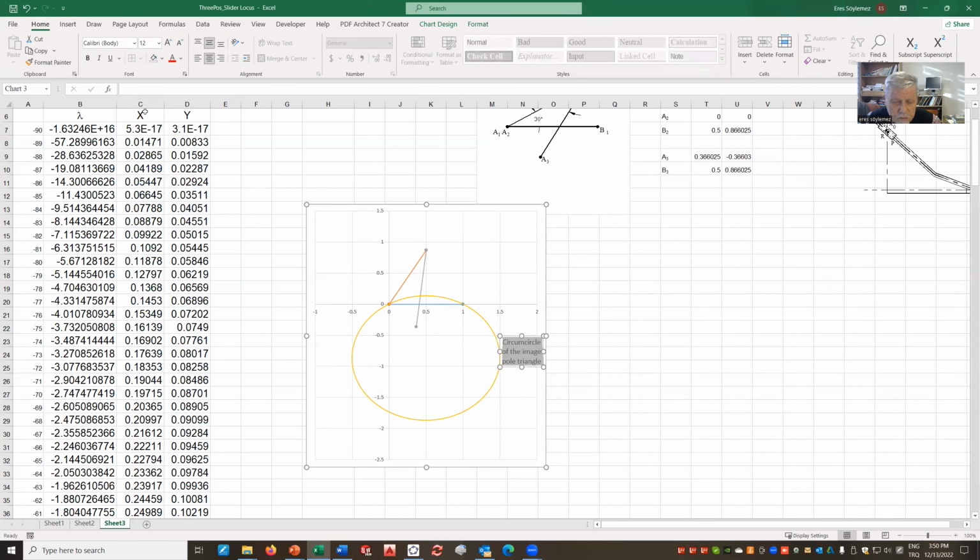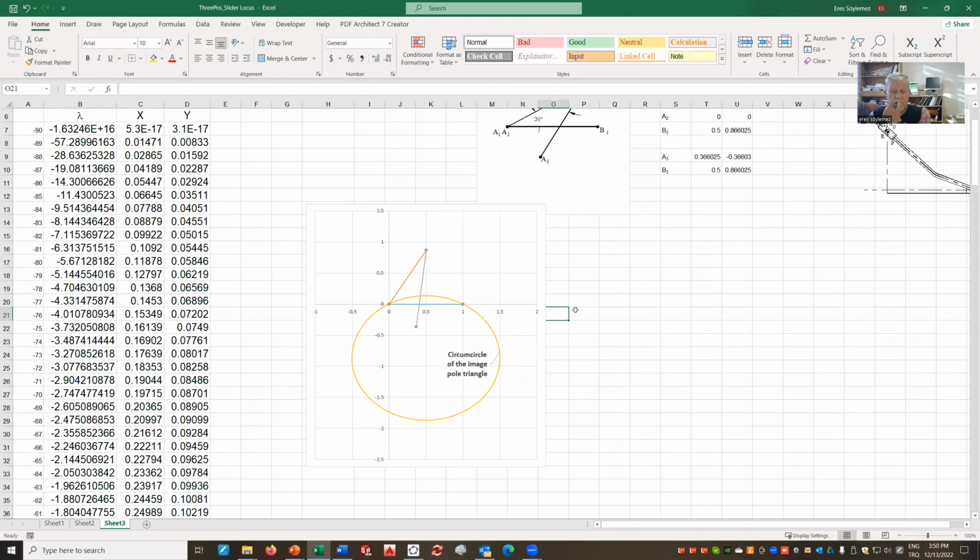Increase its size to 12, make it bold. Bring it over here. Of course, you can change the color, etc. I'm not going to do that. I don't want to spend too much time.